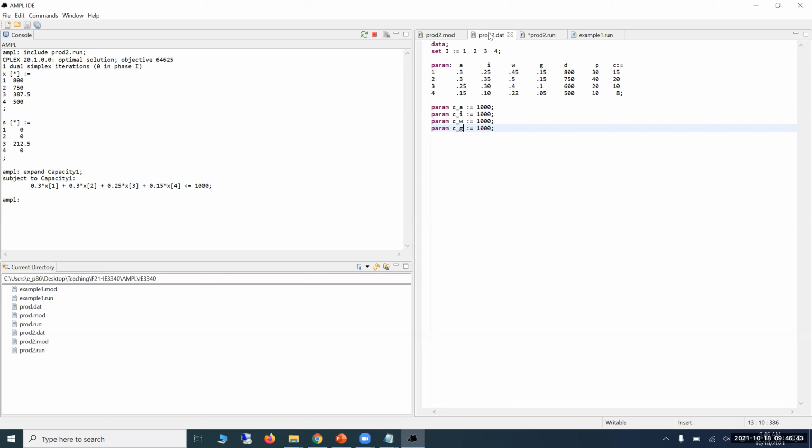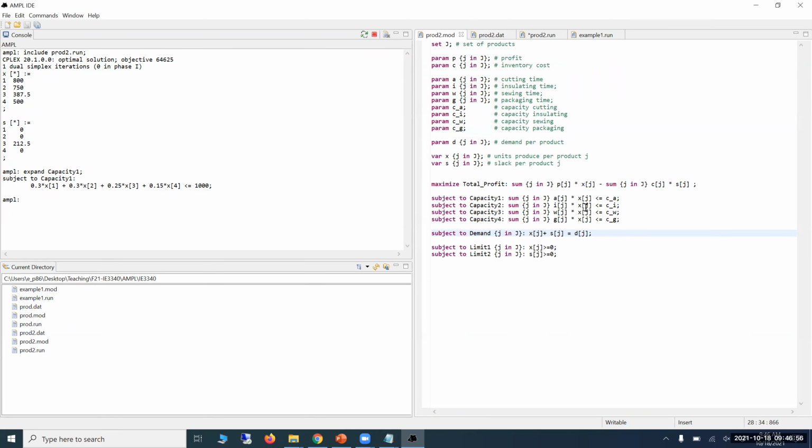It is the right-hand side, the capacity for the station. So you see, if I go to the .mod here, the right-hand side is that parameter. So if you were to increase that capacity, you just go change the value there.